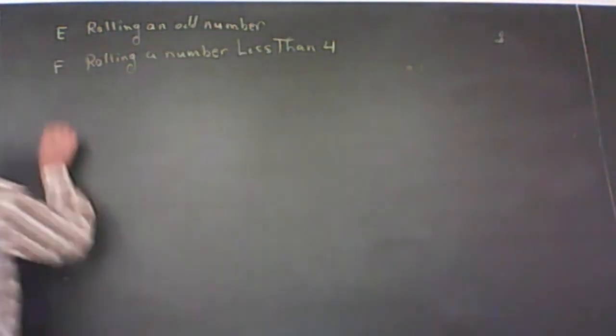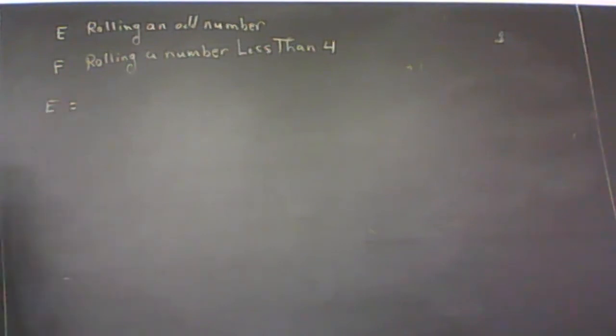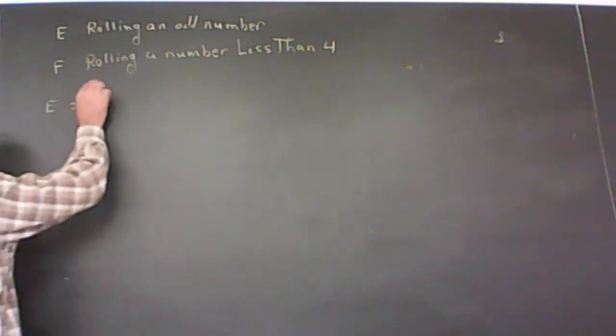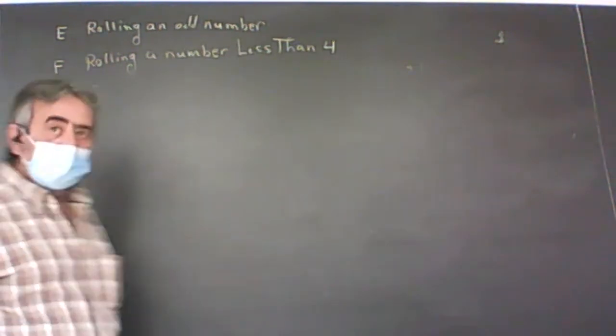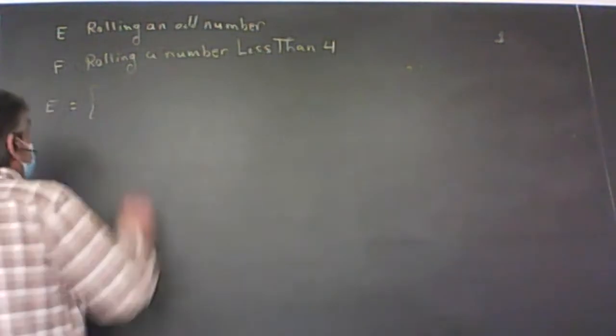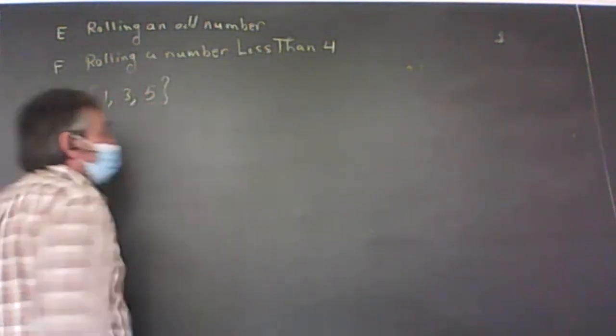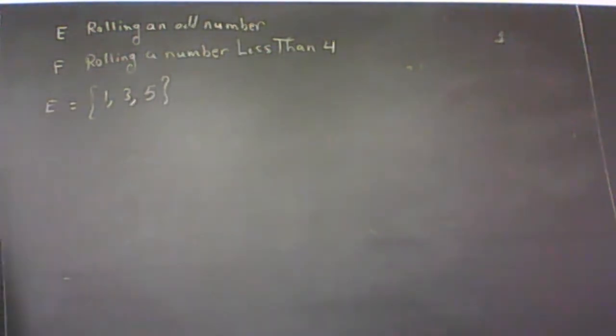Event E is the set of all odd numbers on the die, and the set of all odd numbers would be 1, 3, 5. Okay?